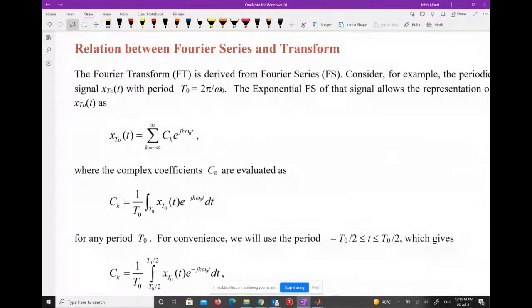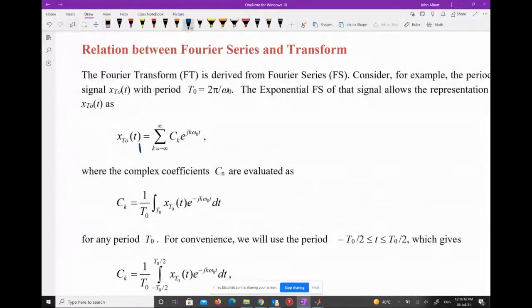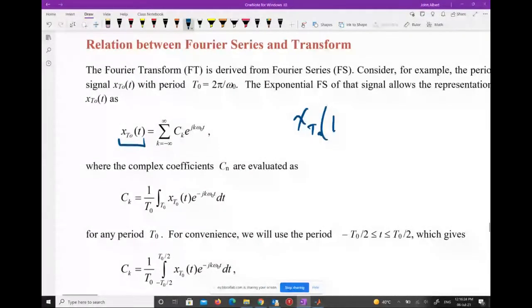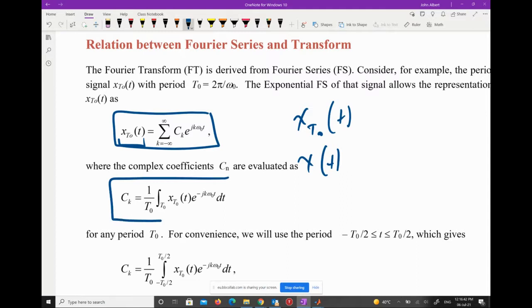Let's say that we have a signal that is periodic, and I'm calling it in here x of t0, because I want to distinguish between x of t0 and x of t. x of t0 evaluated at small t, and x of t. Now we're interested in non-periodic signals, but to show you what is the Fourier transform, let me start with the Fourier series. And those are the two equations that we have learned for the Fourier series.